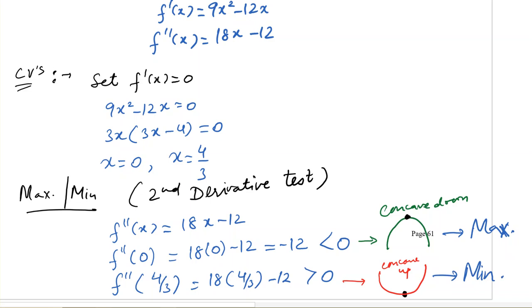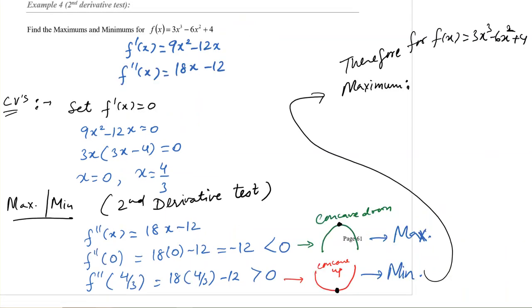So we get the maximum value at x equal to 0 and minimum value at x equals 4 over 3. Now we can plug these values into the original function and find our maximum and minimum height for the function.